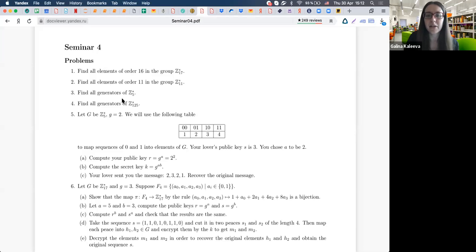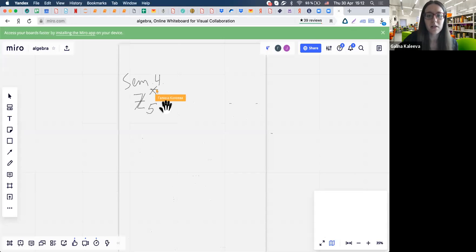So I write down Z5 star here, and let's find all the generators of this group, I mean the multiplicative group. So let's remember first of all what is the order of this group and some of its properties.